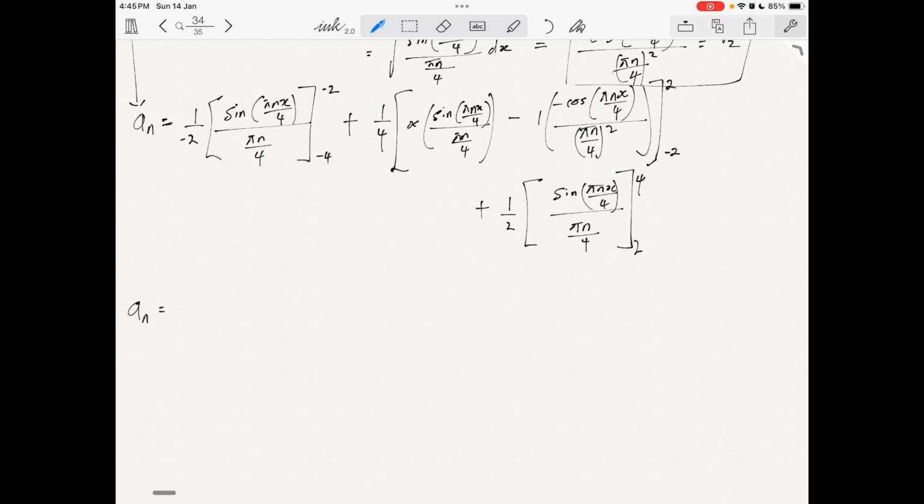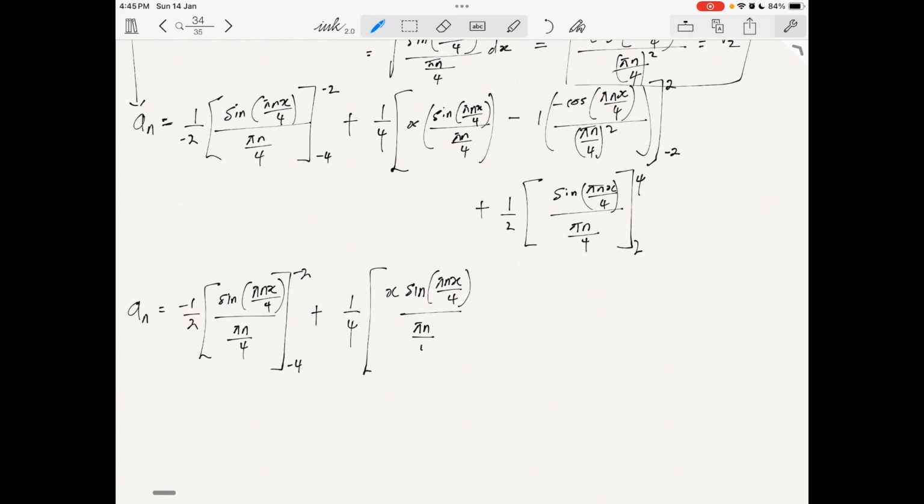So a_n is equal to -1 over 2 of sin(πnx/4) divided by πn/4, limits from -4 to -2, plus 1 over 4 multiplied by x sin(πnx/4) divided by πn/4, minus here and minus here will make it plus, plus cos(πnx/4) divided by (πn/4) squared, from the limit of -2 to 2, and finally plus 1 over 2.